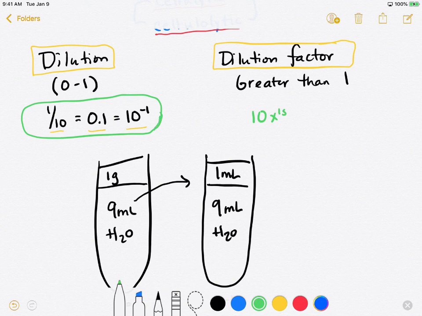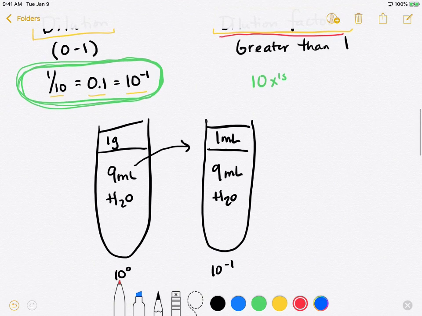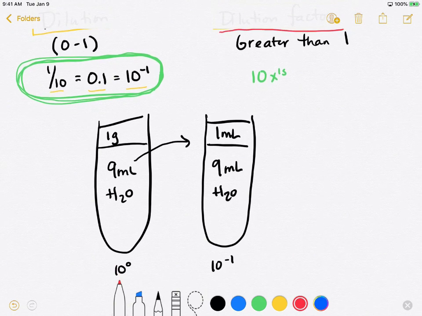All of these three terms over here where we're talking about dilution are the same ways of talking about the same dilution. Although we diluted 1/10, we had a dilution factor that was greater than 1. So we had a dilution factor of 10 times. What this meant in actual practicality is that we filled up different tubes of 9 milliliters of water, and then we added 1 gram, which is about 1 milliliter of dirt to that sample.